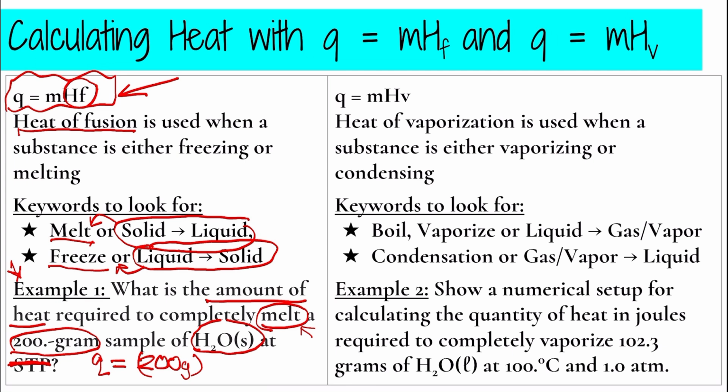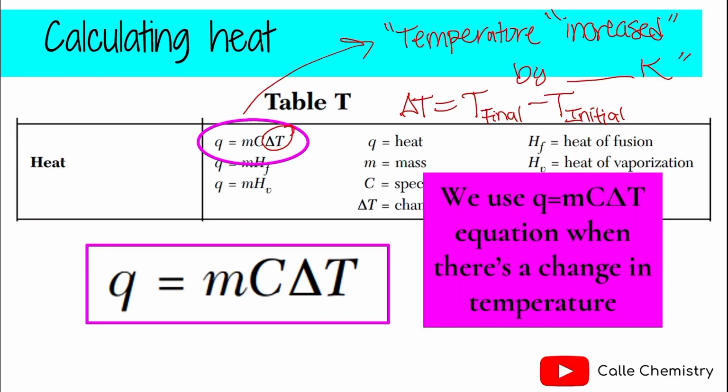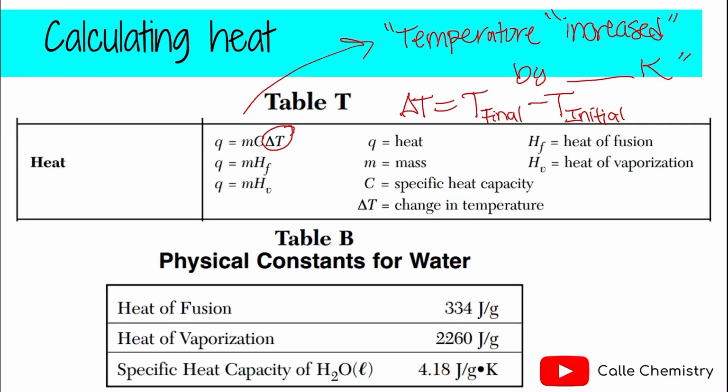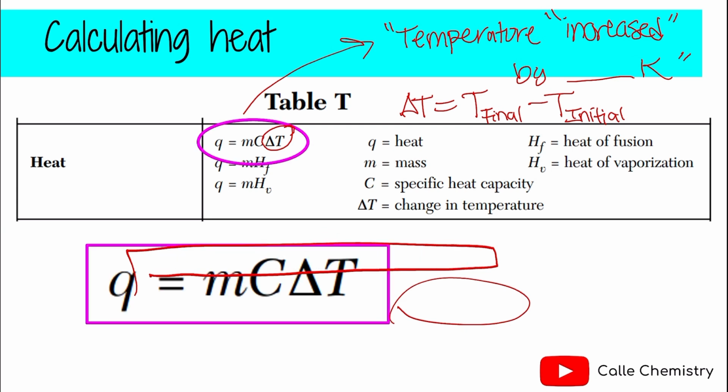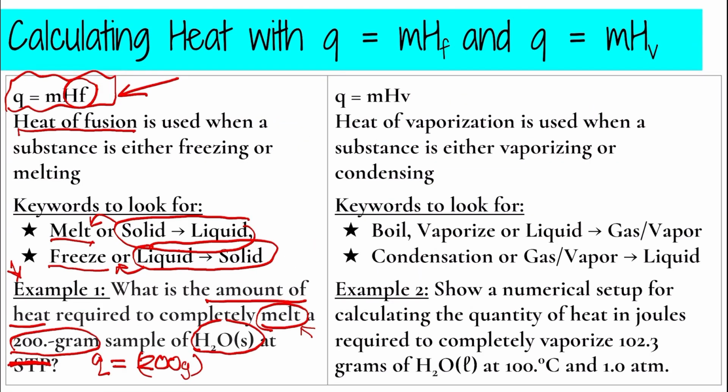They don't give us the Hf of water. And the reason they do this is because on Table B, you are given the physical constants for water. And the heat of fusion for water is 334. So that would be plugged in here.